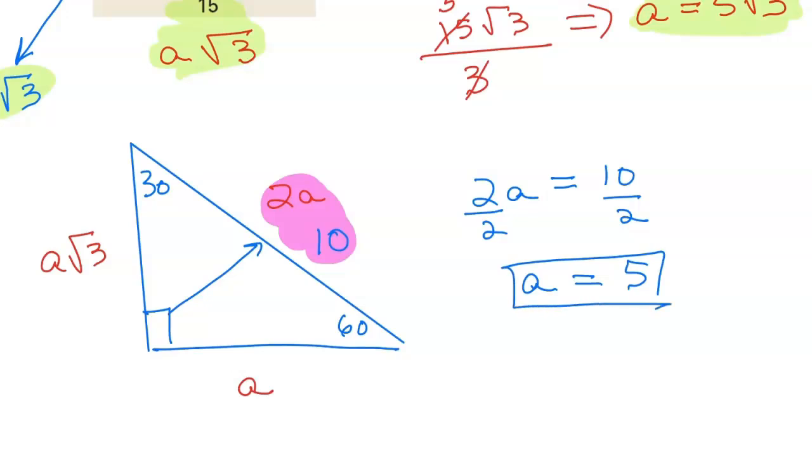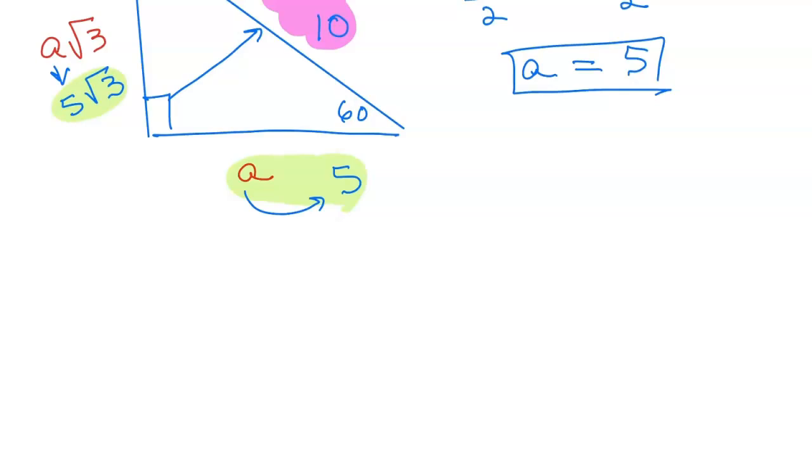That is critical because I can now plug in 5 right here, and I can plug in 5 root 3 here. And now I have both of the side lengths. 5 was the A, and this is 5 root 3. Okay, so I have both of my side lengths. Let's do one more like that.